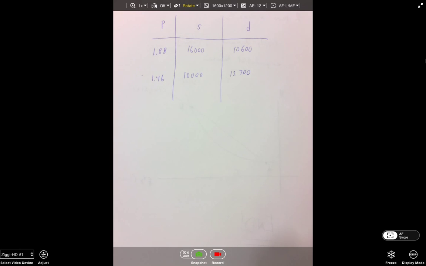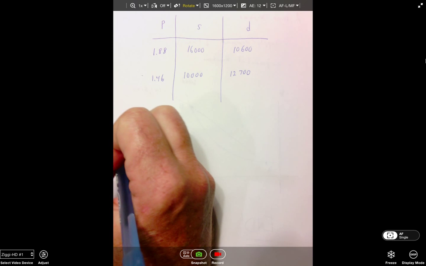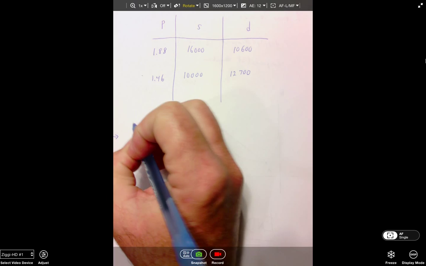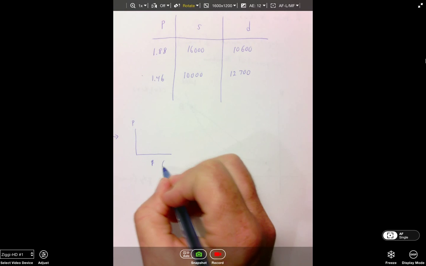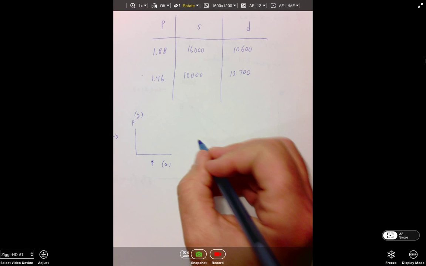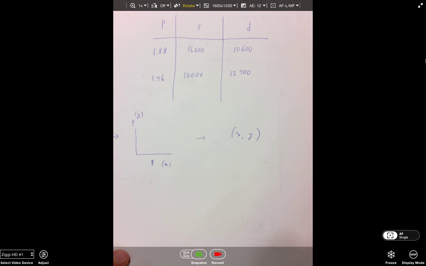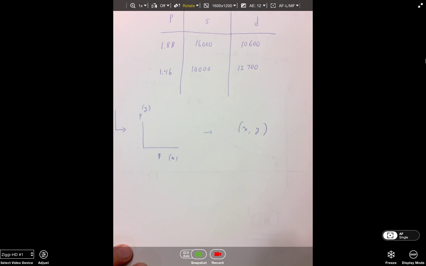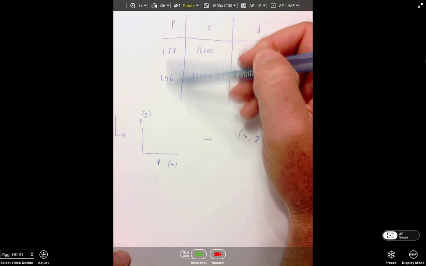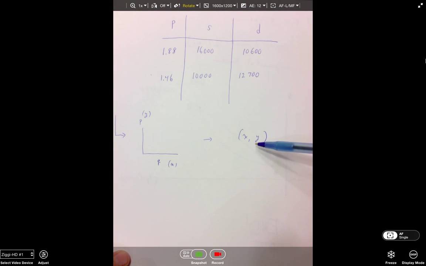Now what we've got to do is take this information and think about two phases, if you will, where quantity and price represent our X and our Y, keeping in mind that our ordered pairs are always in the form X comma Y. Now the way I've done my chart up here, the price is coming first, but because the prices are Y here, we need it to come second.